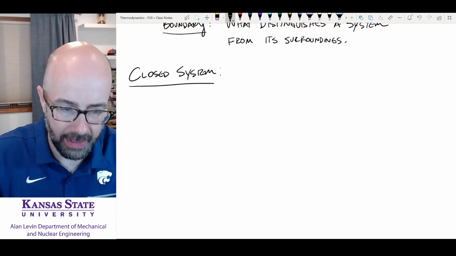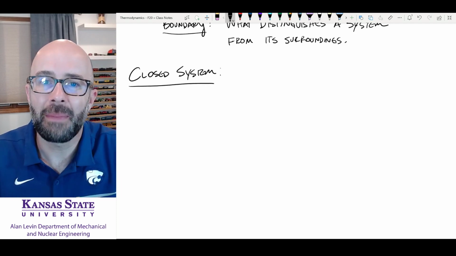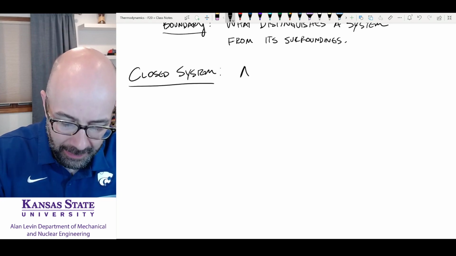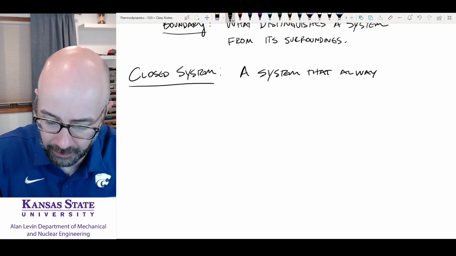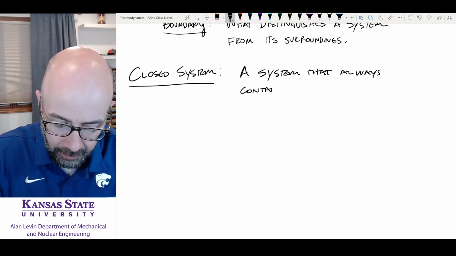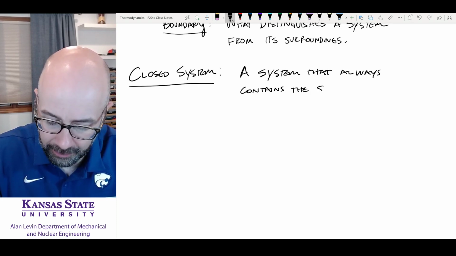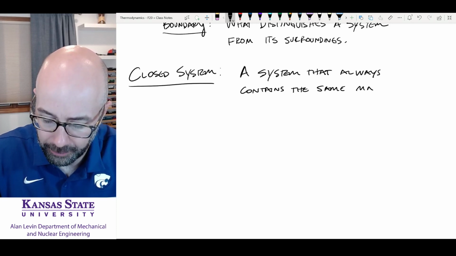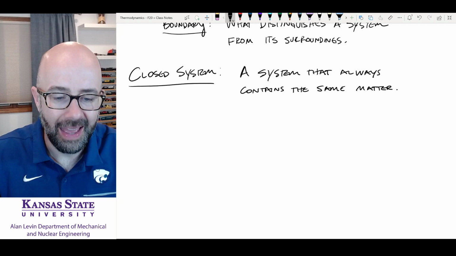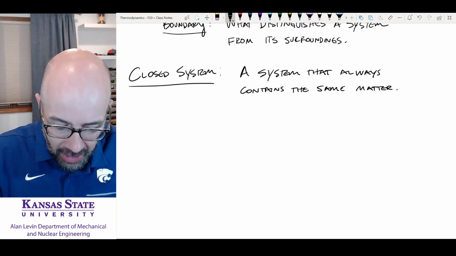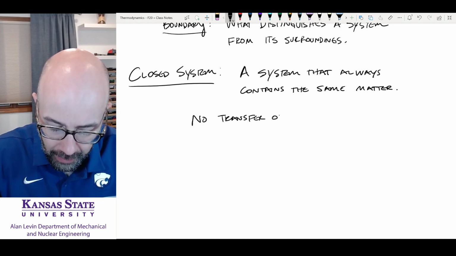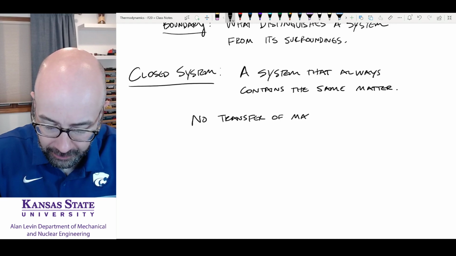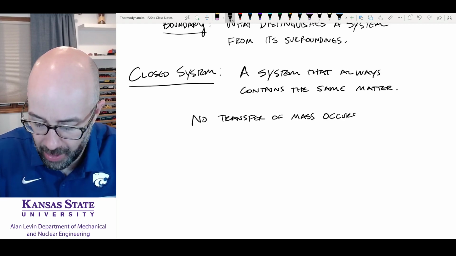The key thing about a closed system is that it is a system that always contains the same matter. Another way of saying that is no transfer of mass occurs across the boundary.